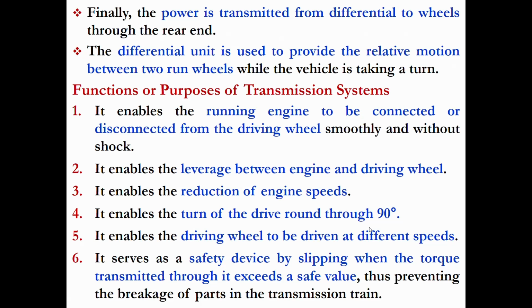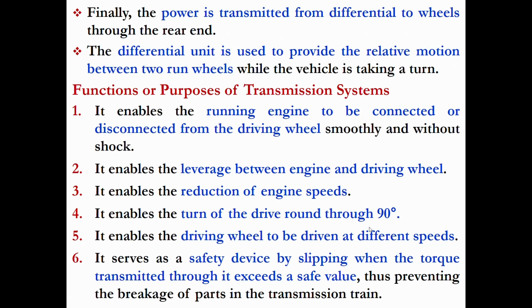The main purposes or functions of this transmission system: it enables the running engine to be connected or disconnected from the driving wheels. So whenever needed, we can stop the vehicle. We can even keep the engine idling without moving the vehicle. Then it enables leverage between the engine and the driving wheels, so we can either reduce or increase the speed of the vehicle.